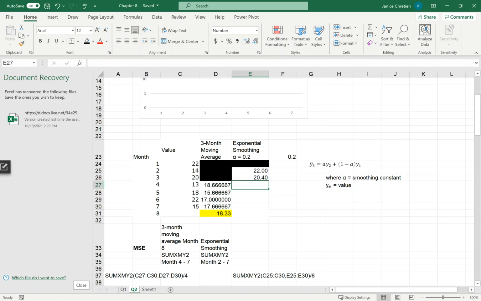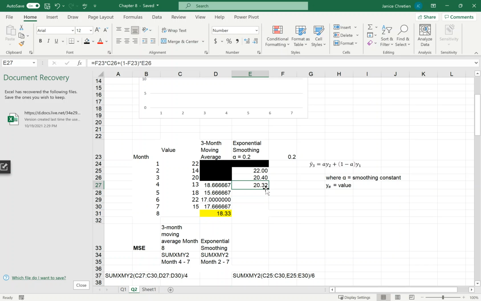Okay, let's do this one. Equals the constant smoothing times the value of the previous month plus 1 minus A times the previous month's exponential smoothing.